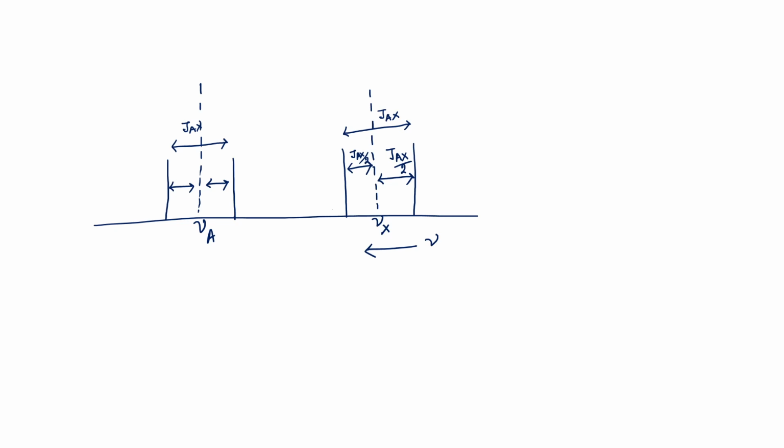In an A2 kind of system, what is happening? You will expect the nuclei to be equivalent, so you don't expect that there should be some coupling. But let us see what is actually happening.